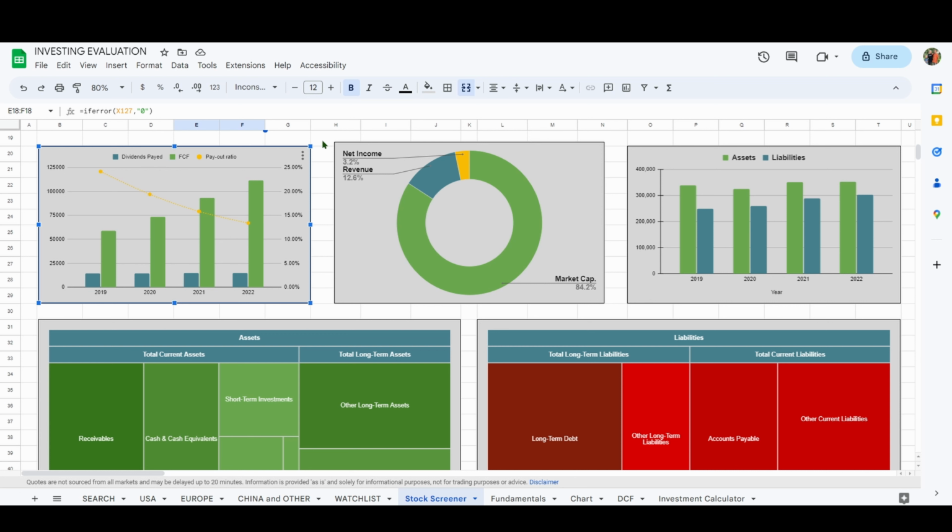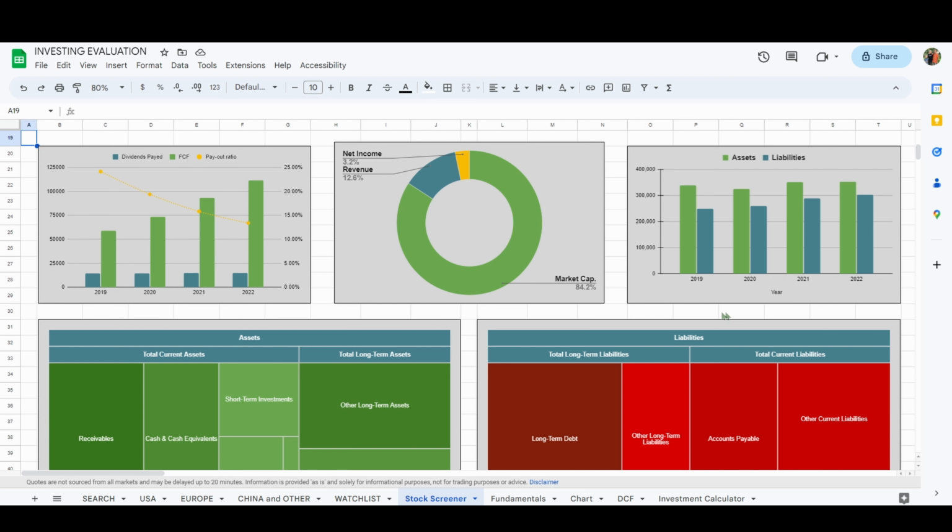I actually made this graph to show the payout ratio of the cash flow, because I think that cash flow is a way better metric than net income, because net income can consist of many things, and it's kind of hard to track what kind of net income it is, but free cash flow is just cash in, cash out, and it's much easier to see what they actually made.